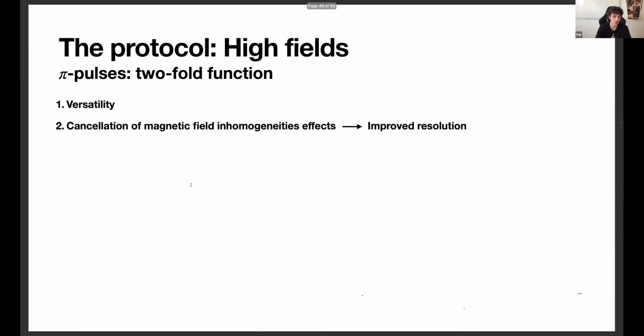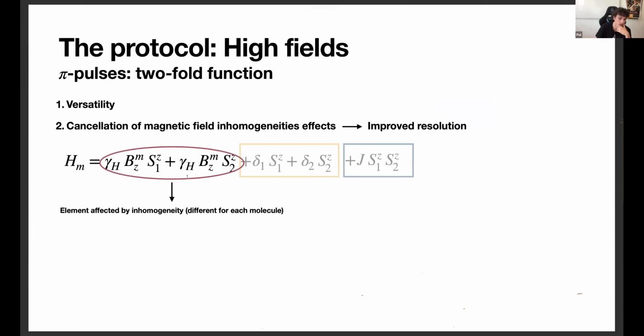And the other function is that they will cancel the effect of the magnetic field inhomogeneities throughout the sample, which means in the end that they will improve the resolution of my spectrum. If you remember, this term was the term causing the loss of resolution due to these inhomogeneities. But when I apply a pi pulse, remember that the effective Hamiltonian was something like this.